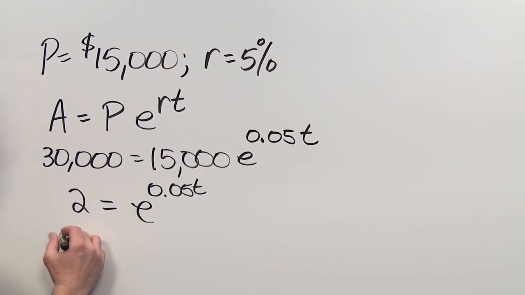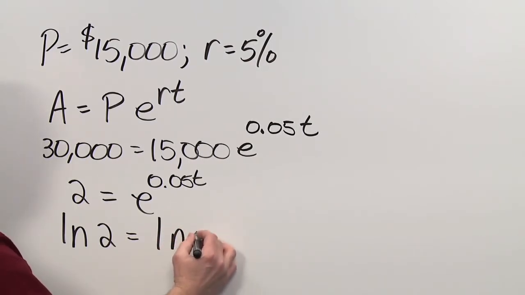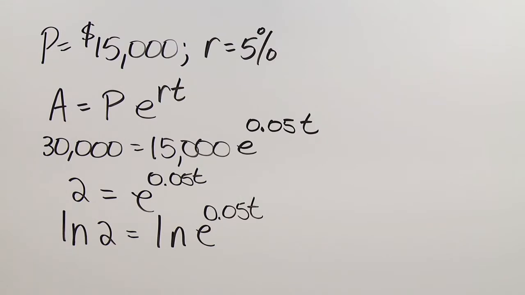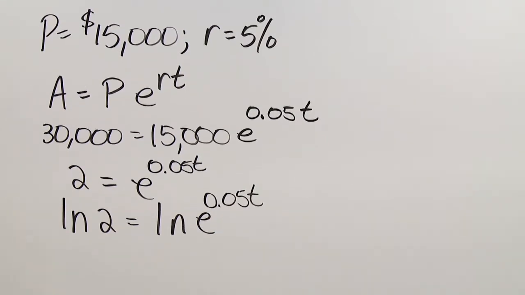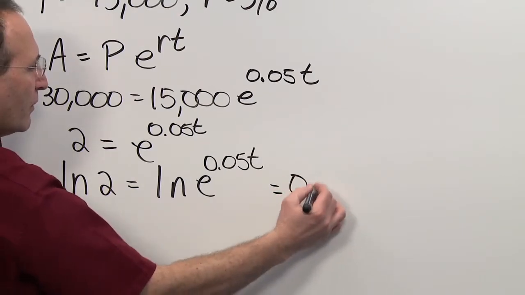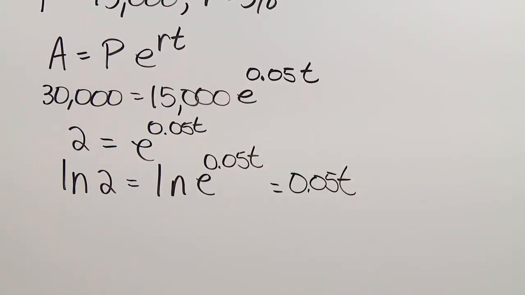We'll use the natural log, so the natural log of 2 is equal to the natural log of e raised to the 0.05t. Now, of course, on the right-hand side, that all simplifies to 0.05t. And so now to isolate t, we simply divide both sides by 0.05.